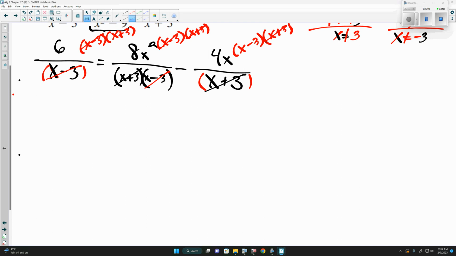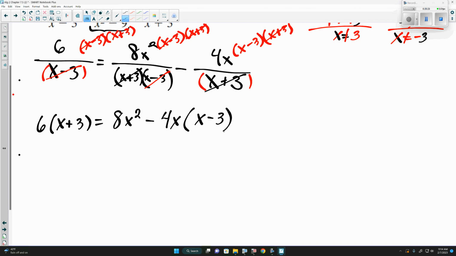Now what we have left after doing that is we have 6 times x plus 3 is equal to 8x squared, because 8x squared, everything that was multiplying with it simplified out, minus 4x times x minus 3.